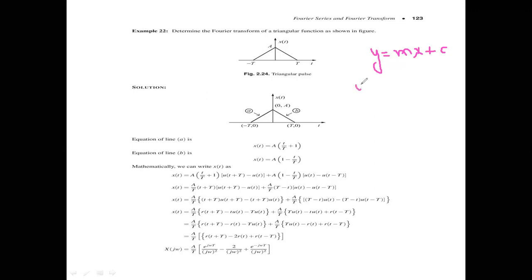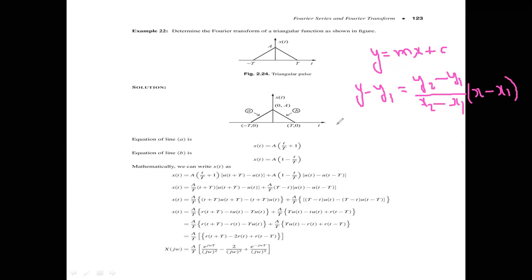Now I am taking y − y1 = ((y2 − y1)/(x2 − x1)) × (x − x1), the straight line equation with the slope, my dear students. Now I am taking the slope a.